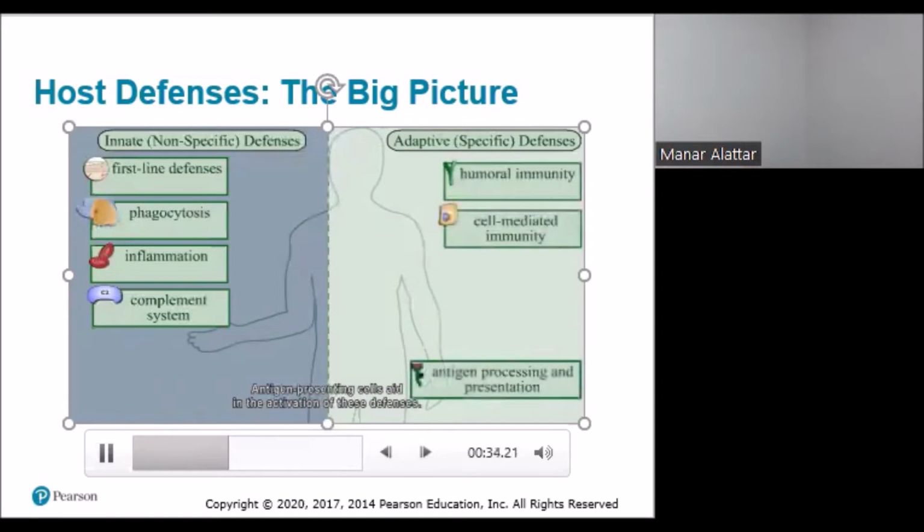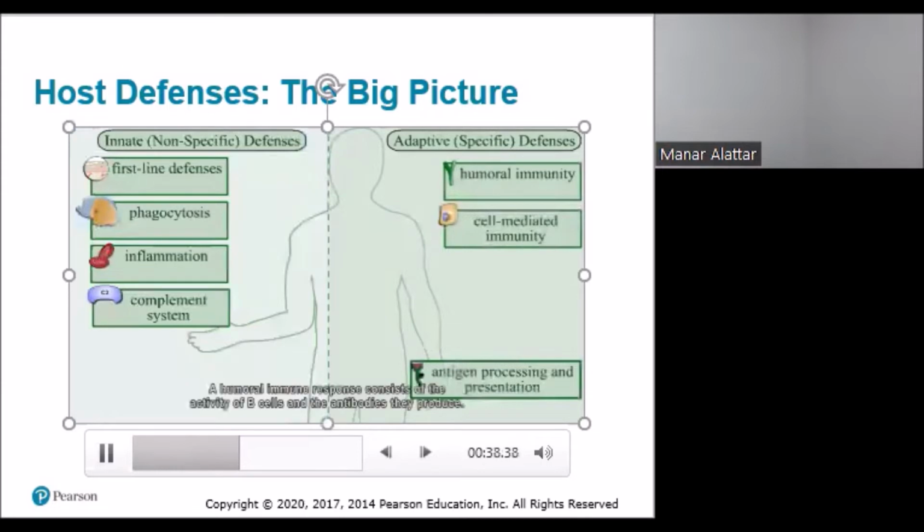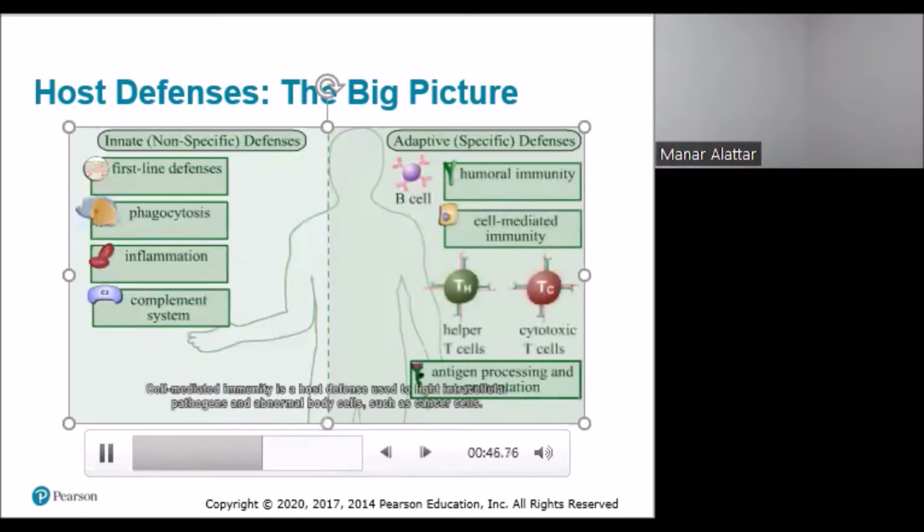Antigen-presenting cells aid in the activation of these defenses. A humoral immune response consists of the activity of B cells and the antibodies they produce. Cell-mediated immunity is a host defense used to fight intracellular pathogens and abnormal body cells, such as cancer cells.